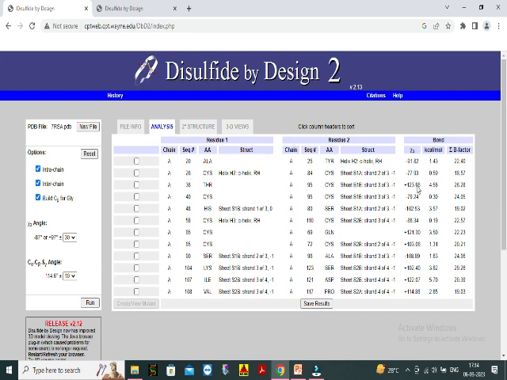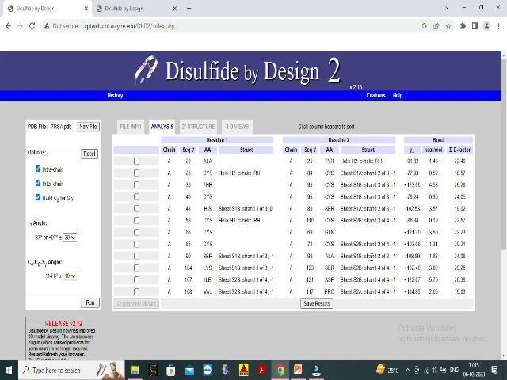And this one is chi. As I told in the previous lecture, chi means the torsion angle, which ranges from minus 87 to plus 87 degrees, or we can choose plus minus 30 from here.